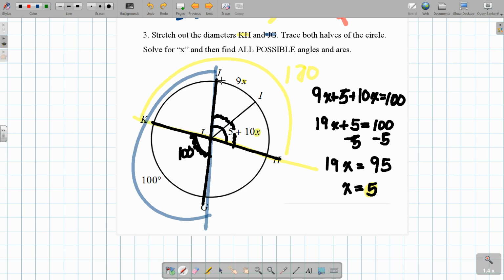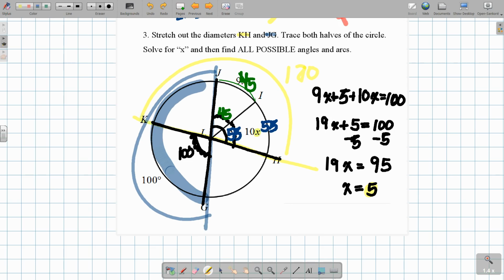So 9 times 5, that means that arc right there, of course, is 45. And that means the central angle is 45. 10 times x plus 5, that makes that, of course, 55. Which makes this 55. Now, we still have a couple left here, a couple arcs and angles left here.